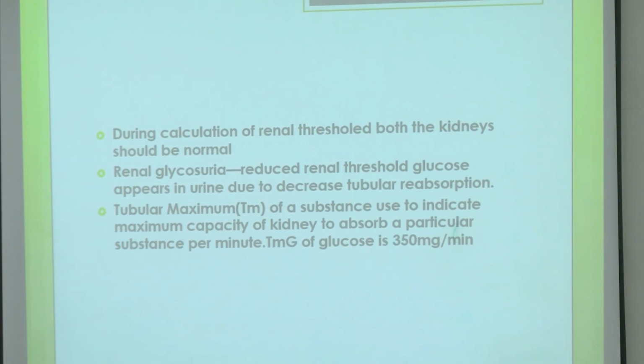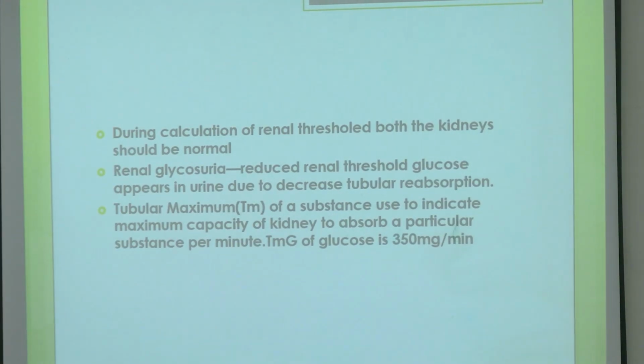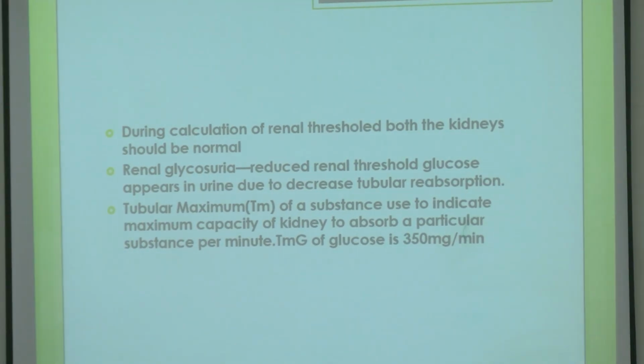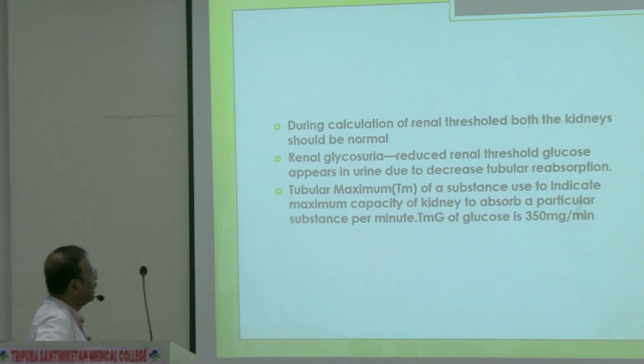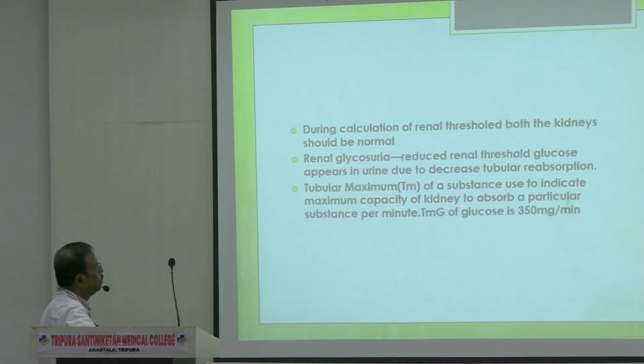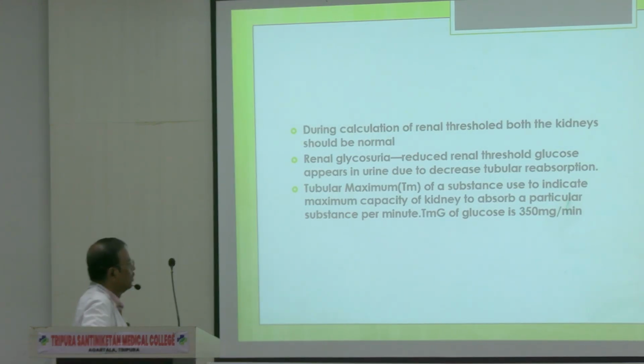For some of the substances, the tubule has a maximum capacity of reabsorbing those substances. Okay? This is called tubular maximum. It is defined as maximum capacity of the kidney to absorb a particular substance per minute.